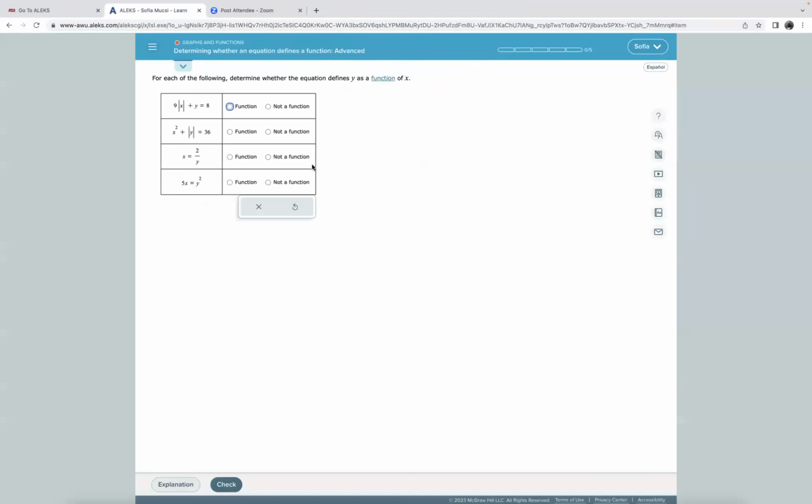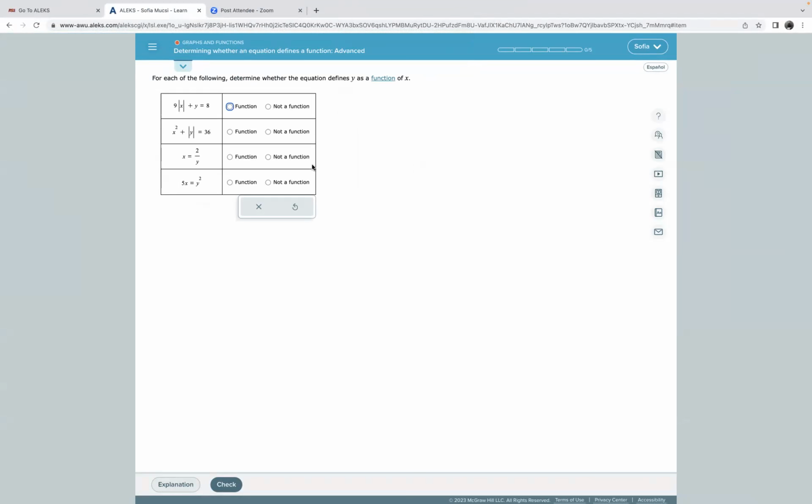I attempted this because I knew how to do some of them, but some of them I don't understand why it's not a function or why it is. Right. Well, so the first one, can you solve it for y? I don't think so, no. Okay, so let me snip it in here because it just looks odd the way it's written. It just looks wonky, yeah.